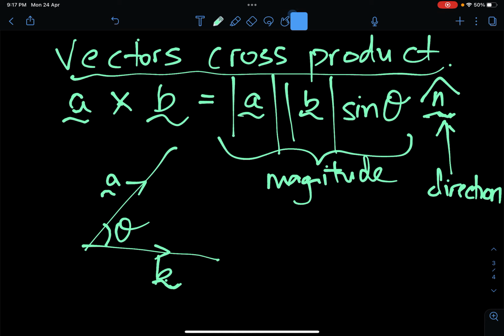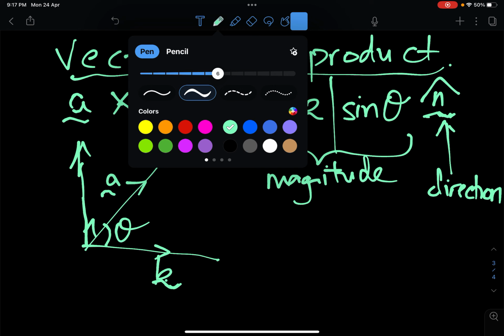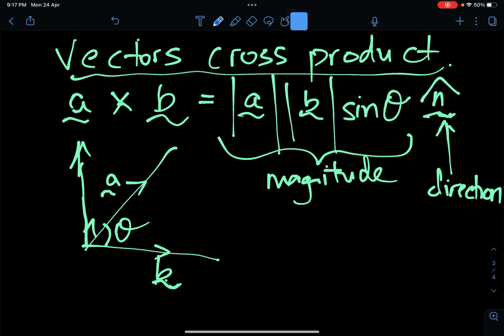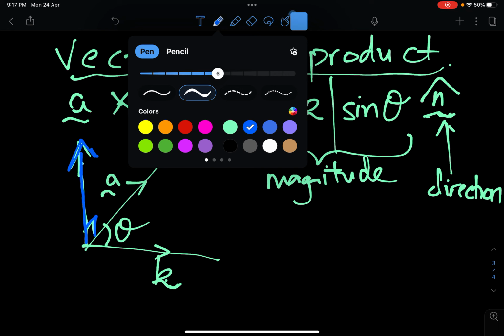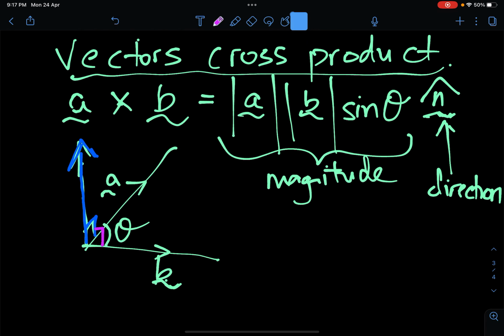So when you cross two vectors, you get a vector that is perpendicular to A, and also perpendicular to B.